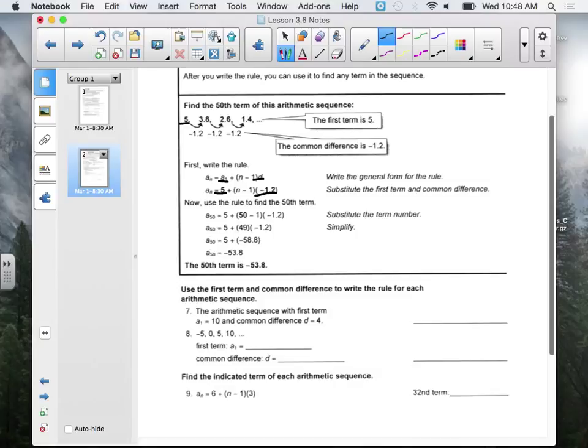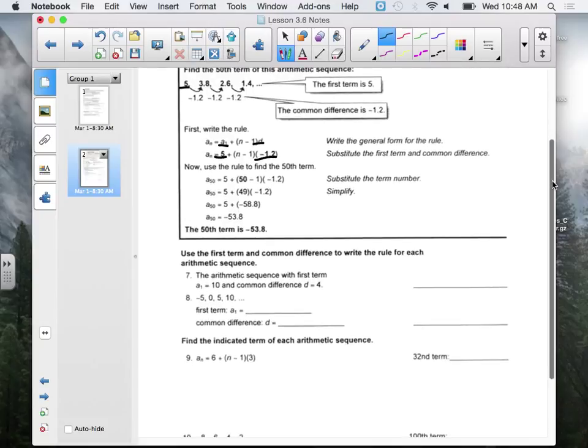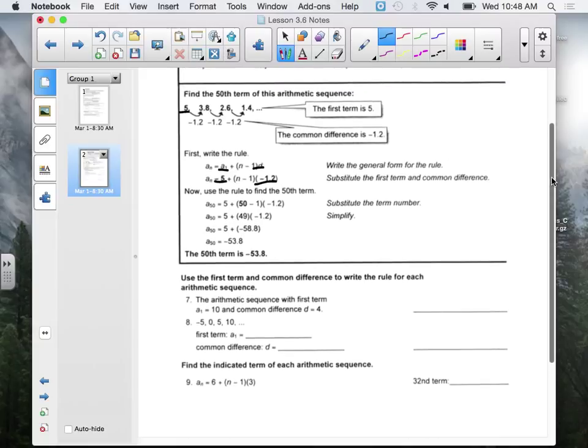So, does anyone have any questions so far? Okay, good. Now, after we found our starting point and our common difference, now is when we plug in the number or term that they want us to find. So for this one, they wanted us to find the 50th term.